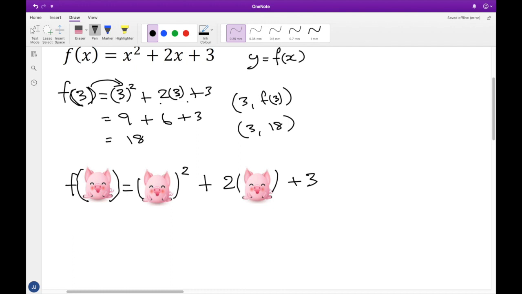Yeah? So whatever I put in this bracket, the f of the piggy means that I'll take this piggy and I will put this piggy wherever x is supposed to be. Yeah? And please remember that, because that's going to be important coming up next.